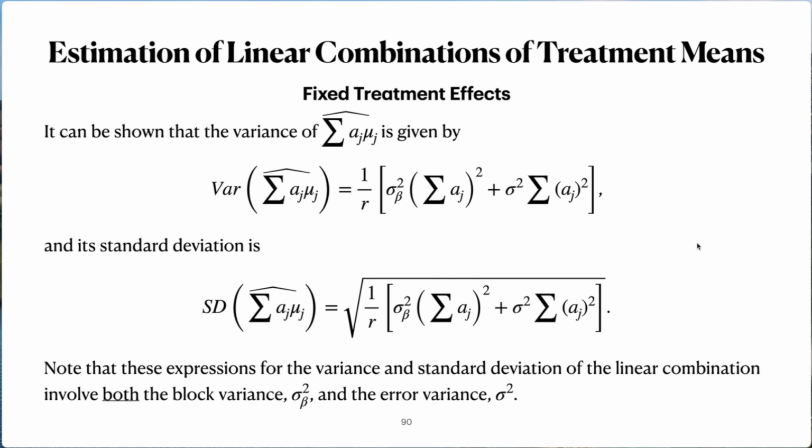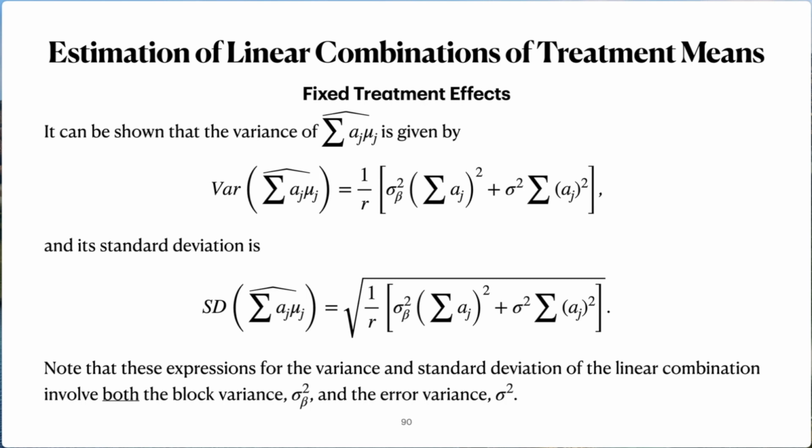Now, the important thing to notice here is that these expressions for the variance and the standard deviation of the linear combination involve both the block variance, sigma squared sub beta, and the error variance, sigma squared. So we're no longer in a situation where the expressions for the variance and the standard deviation involve only sigma squared.